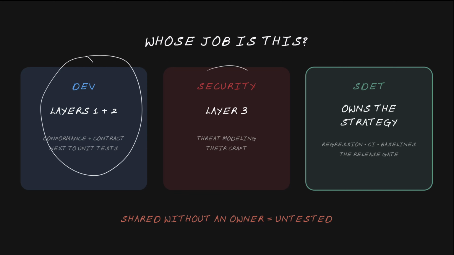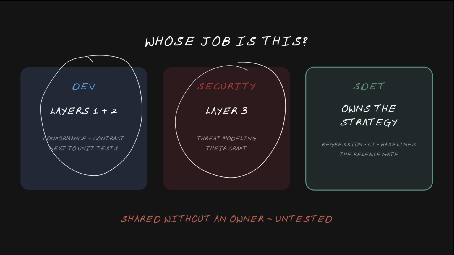Layer 3 is going to be owned by the security engineers, because that is their craft and expertise in performing security testing, more than the regular traditional SDETs. But somebody has to own the whole thing as a quality problem. Somebody has to take care of the regression strategy, the CI wiring, the eval baselines, and of course the release gate that says this server is safe to ship.